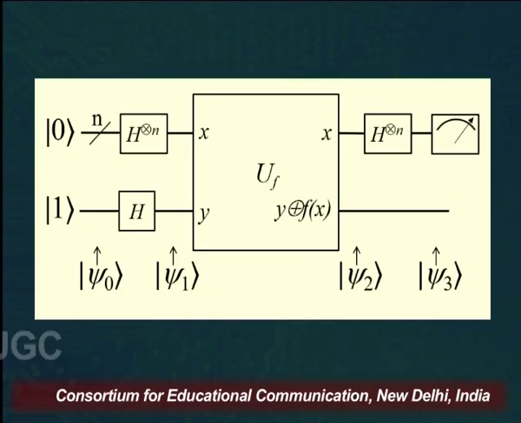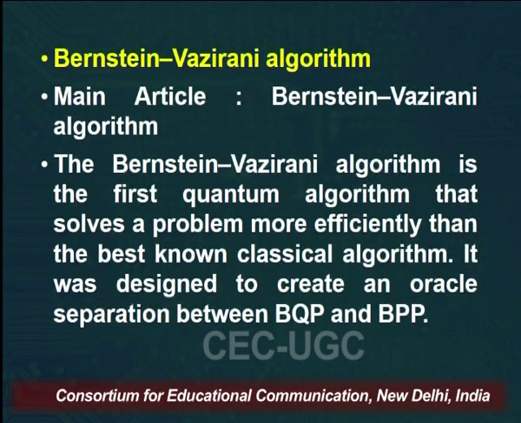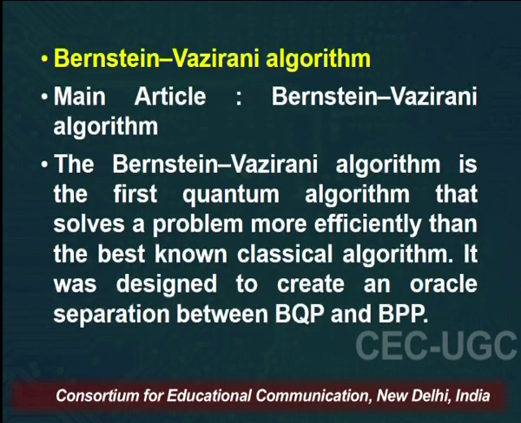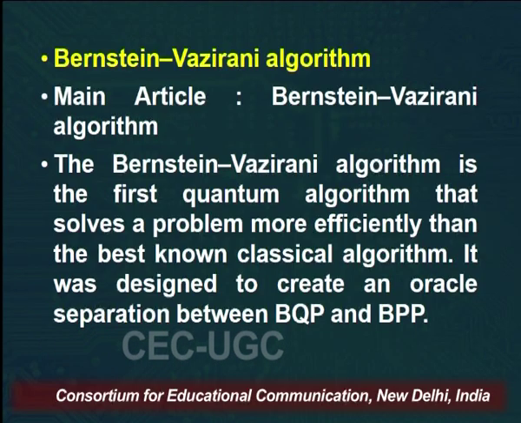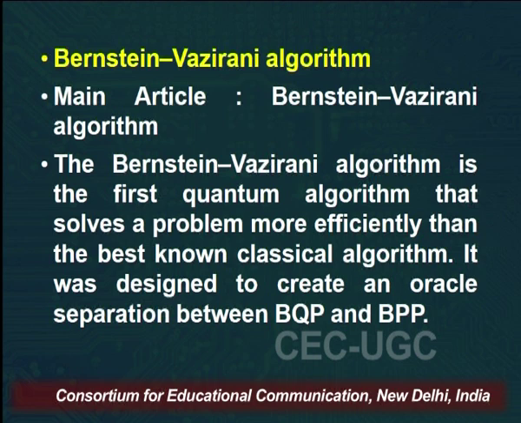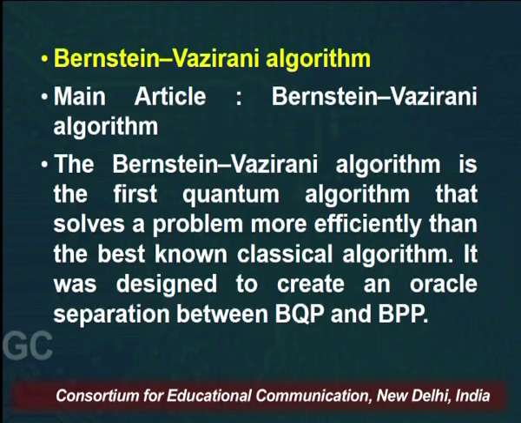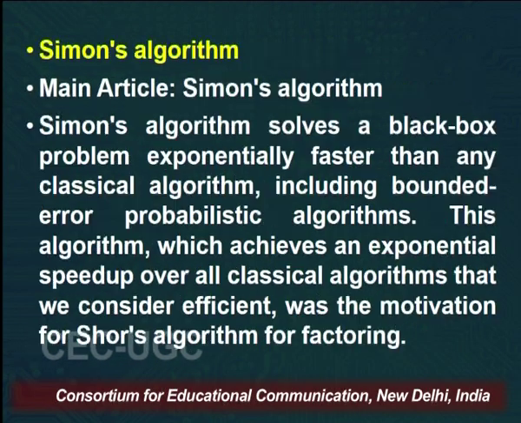Another algorithm is the Bernstein-Vazirani algorithm, the first quantum algorithm that solves a problem more efficiently than the best known classical algorithm, and it is designed to create the oracle separation between BQP and BPP.